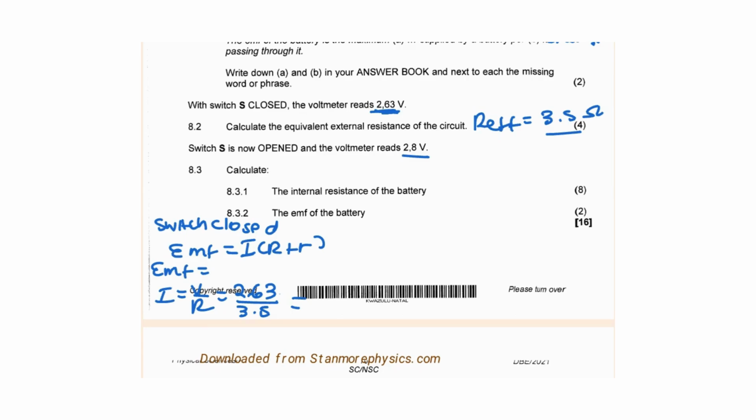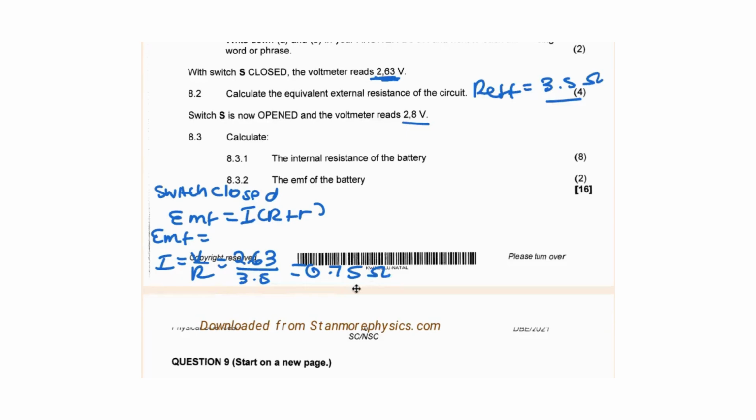That gives me 0.75 amperes. Then I plug that into my EMF equation: 0.75 times (R effective 3.5 plus small r).